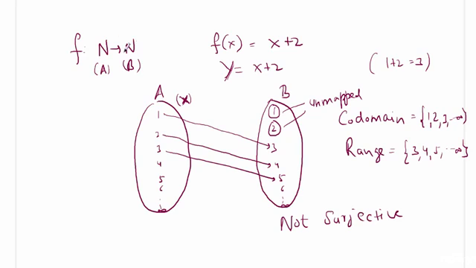This is the domain, this is the codomain. This is not surjective, but this is an injective function. Why? Because every element of B will be associated with just one element of set A. Makes sense? Not surjective but injective. Alright, clear? Alright guys.